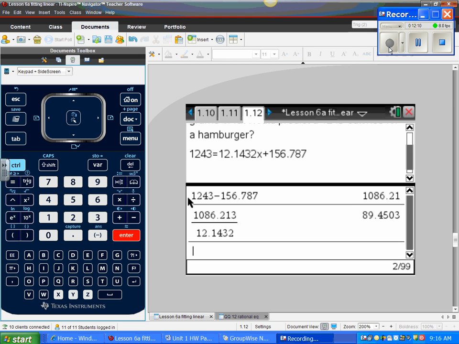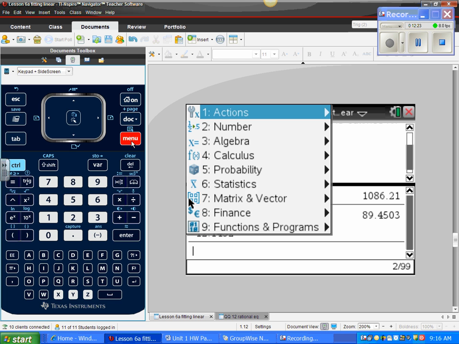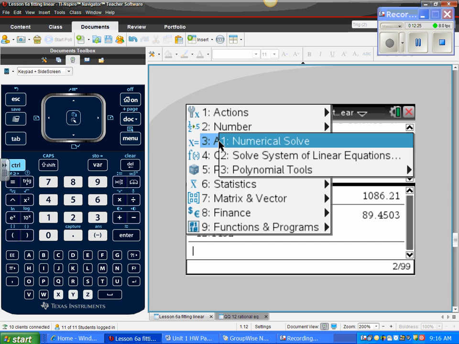Okay, so the other option is numeric solve. Now, did you guys learn how to use numeric solve last year or the year before? You're going to want to know how to do this. Ready? Menu, Algebra, Numerical Solve.